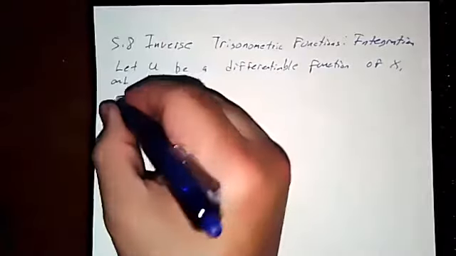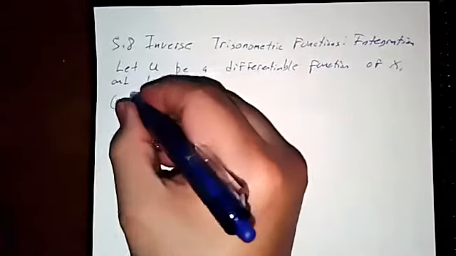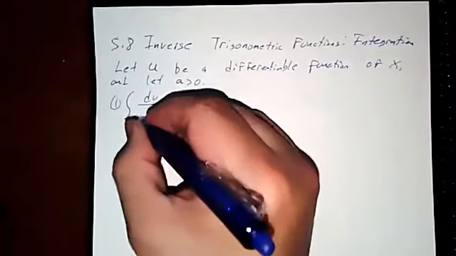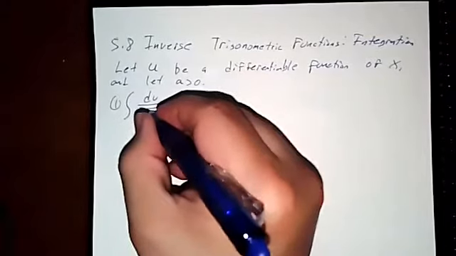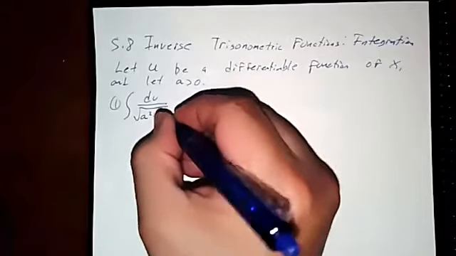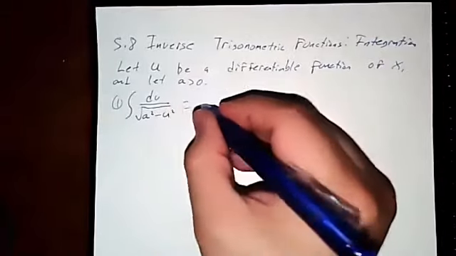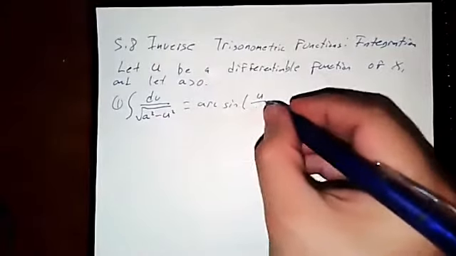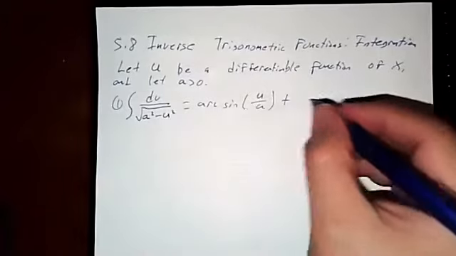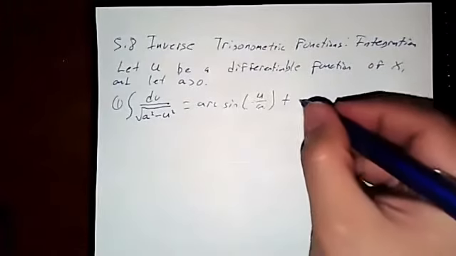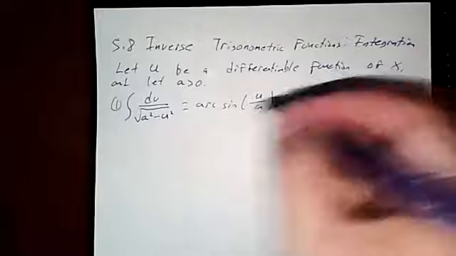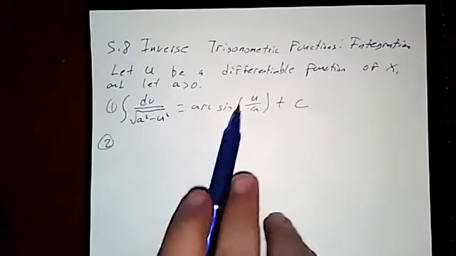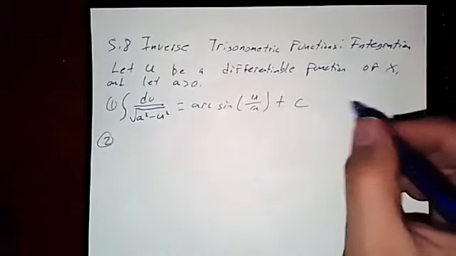Number 1, the integral of du over the square root of a squared minus u squared is equal to the arc sine of u over a. Or if you prefer to write sine inverse, that's fine. I prefer arc sine just because it doesn't confuse people like when they write the negative symbol.